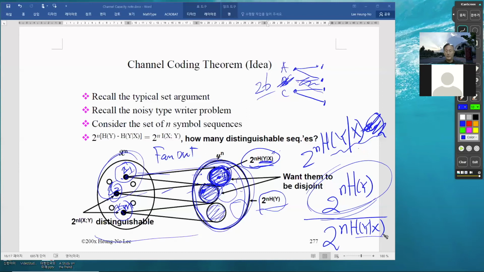That ratio is the number of inputs that are distinguishable at the output space, so no overlap occurs.